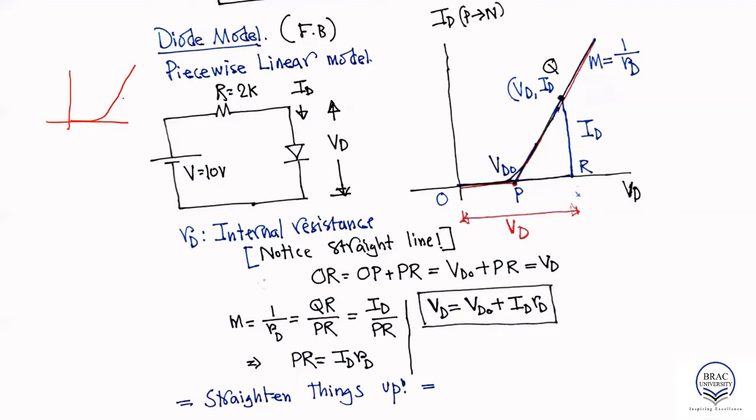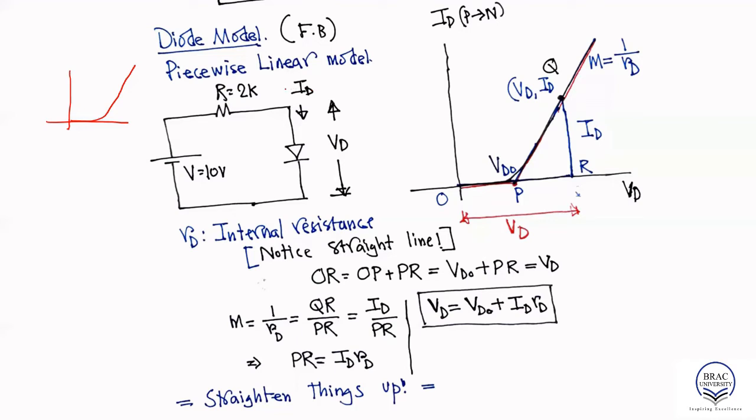And in order to find the current through the diode and the voltage across the diode, you have to go through a very rigorous process, which often requires computer programming to get the exact value of the current and the voltage of the diode. So in this unit, you're going to learn about three types of model. One of them is the piecewise linear model.